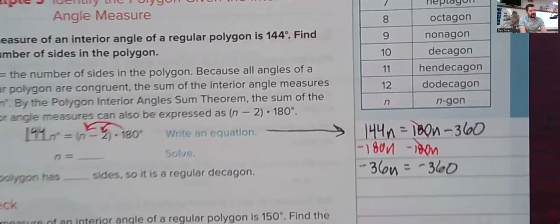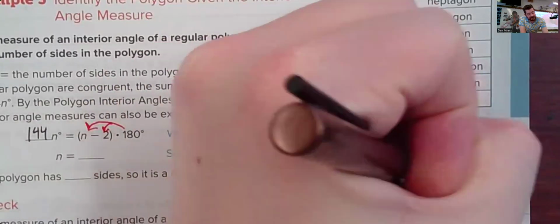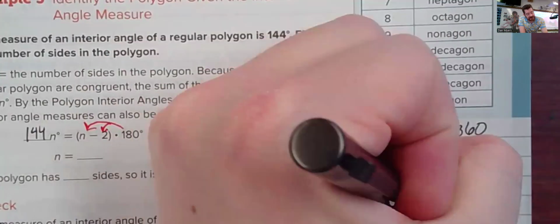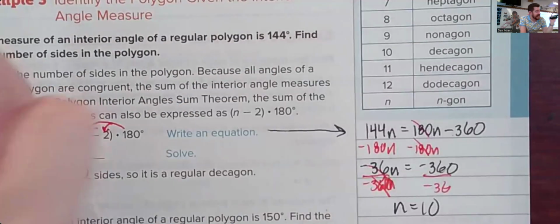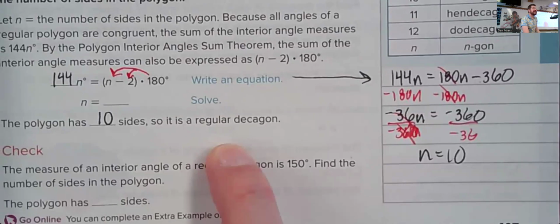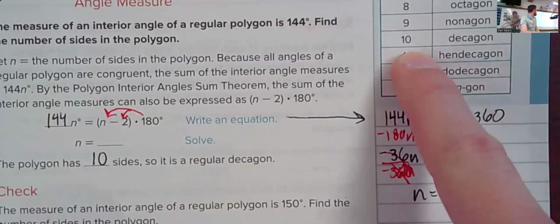But fortunately here, if we divide by negative 36, not 360, divide by negative 36, what do we get? 10. All right. So n equals 10, which means that the number of sides is 10, which means, it actually told us the answer, it is a regular decagon. And if you look over here to the right, 10 sides is a decagon.